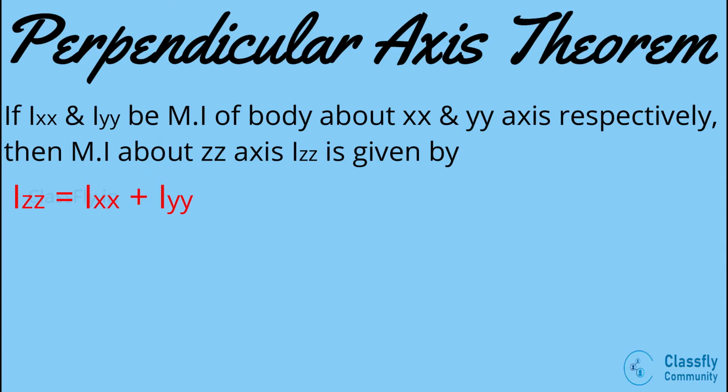Hence, it basically states that the moment of inertia of a body about the zz axis is nothing but the sum of the moments of inertia of the body about the xx axis and the yy axis. Well, the moment of inertia Izz is also known as the polar moment of inertia.